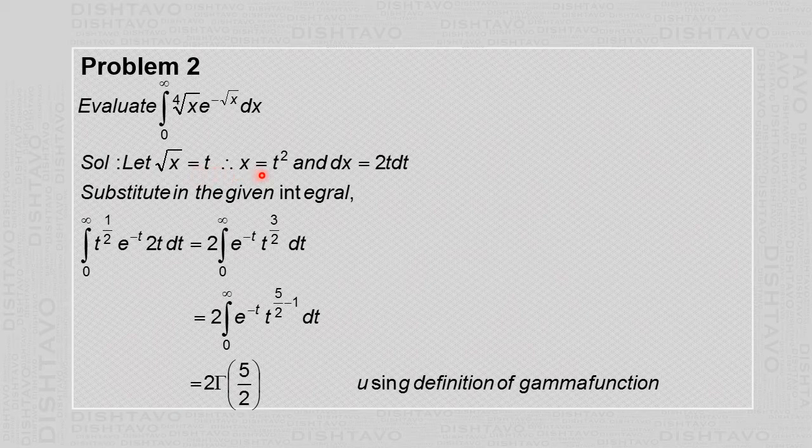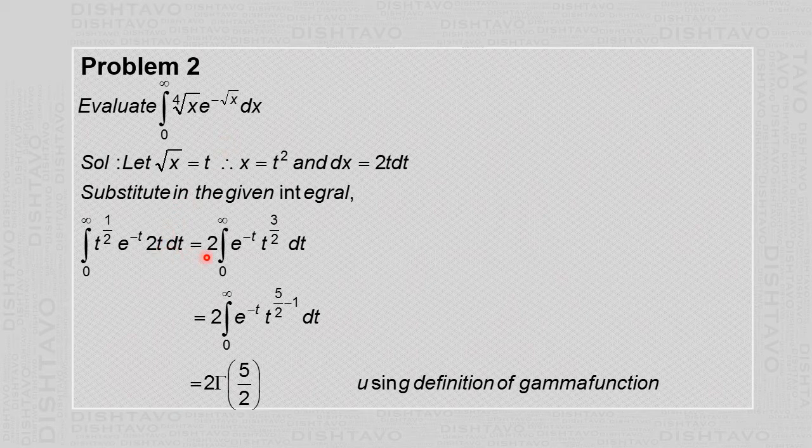When you find dx by dt, we get dx equal to 2t dt. Then substitute this in the above equation. So here fourth root of x turns out to be t raised to 1 by 2, and into e raised to minus t, and dx is 2t dt.